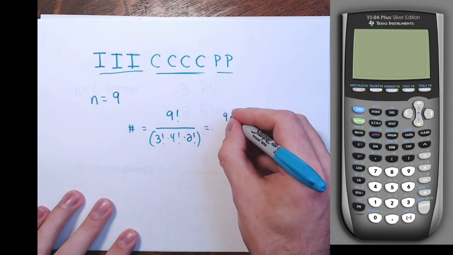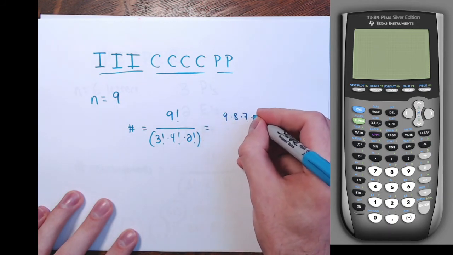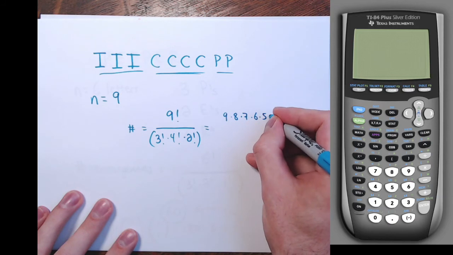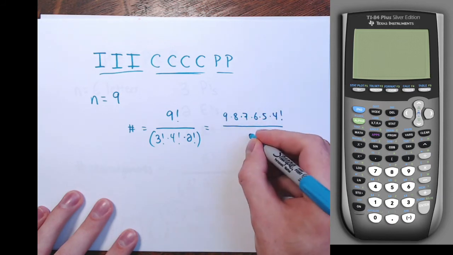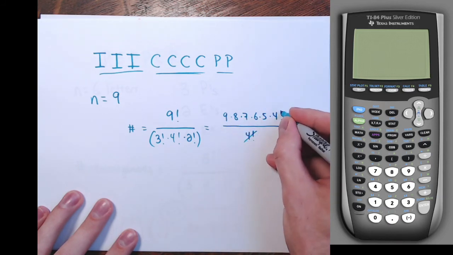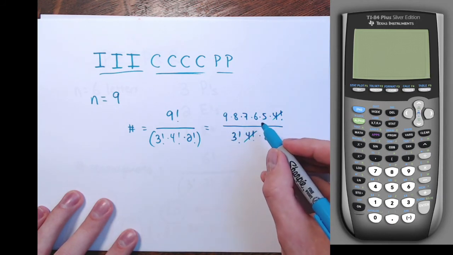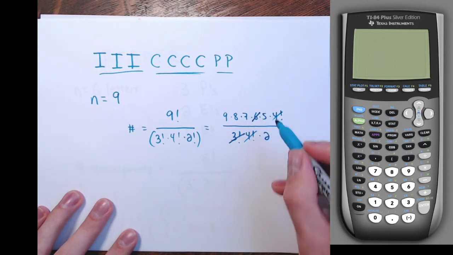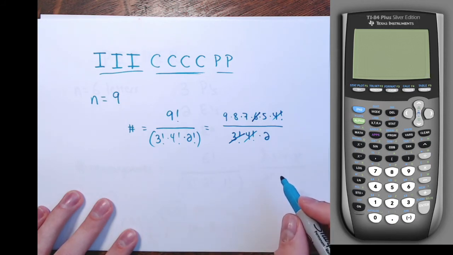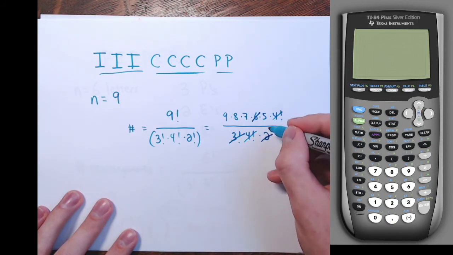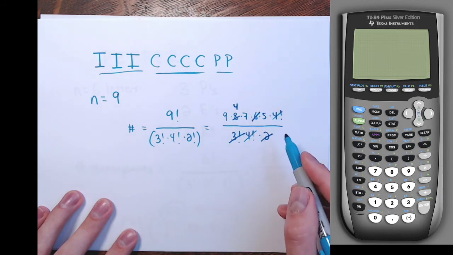And that's 9 times 8 times 7 times 6 times 5 times 4 factorial. So that 4 factorial is gone. And then you've still got 3 factorial down here times 2. Well, 3 factorial is 6. And then 2 goes into 8 4 times.